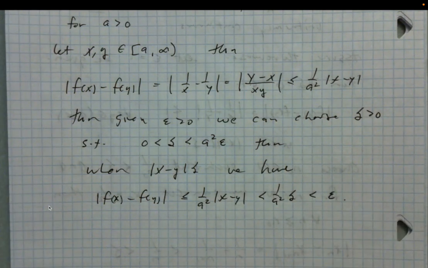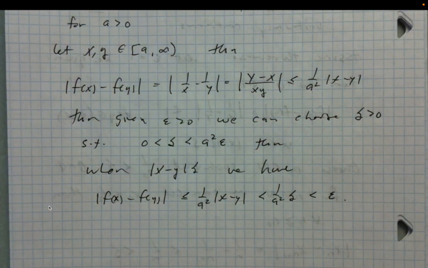You can pick a specific delta if you want, but as long as it's less than a squared over epsilon and greater than 0, you get this. Which shows you that indeed 1 over x is uniformly continuous on any interval (a, infinity), so long as a is greater than 0.